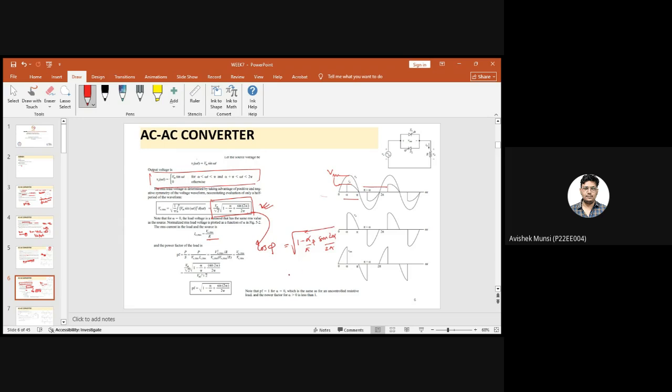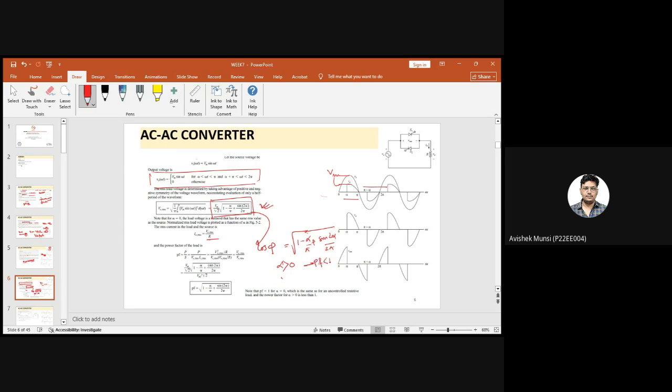Now alpha will be 0 for an uncontrolled resistive load. If the power factor is 1, then alpha will be 0, and if the power factor is less than 1, then alpha will be greater than 0.